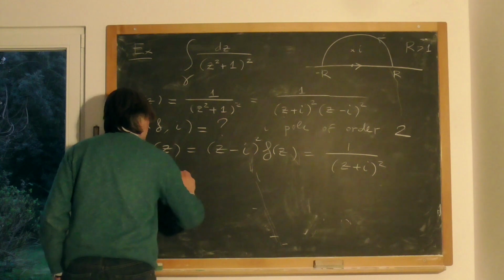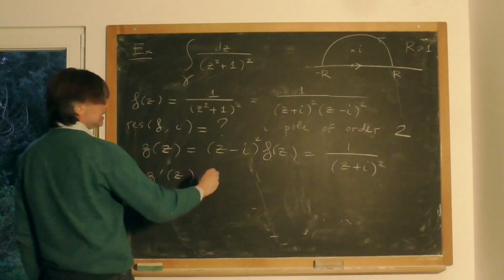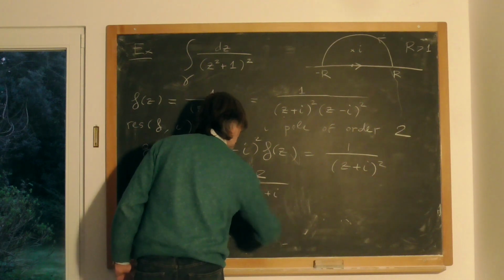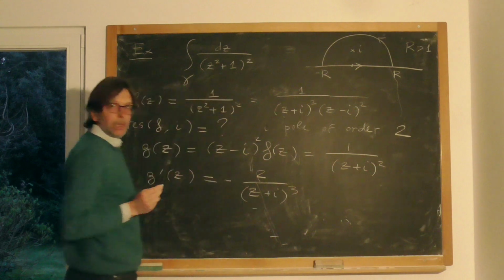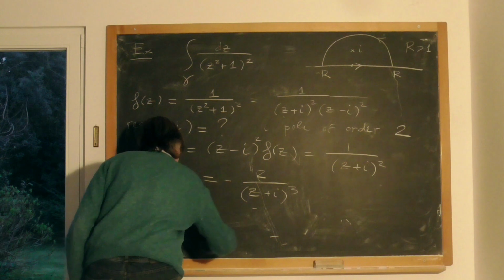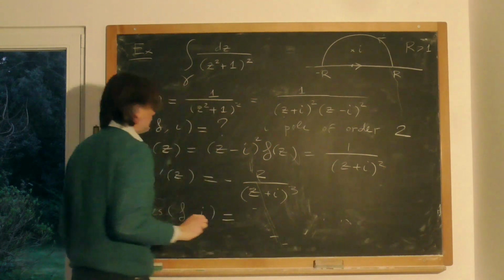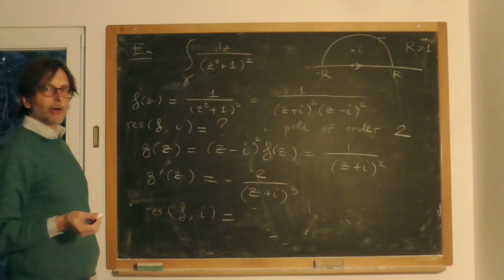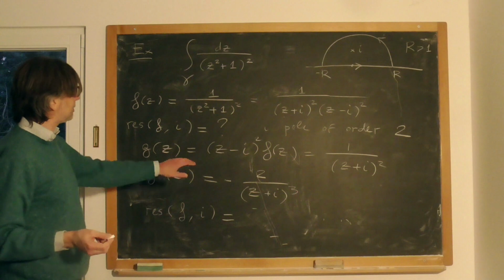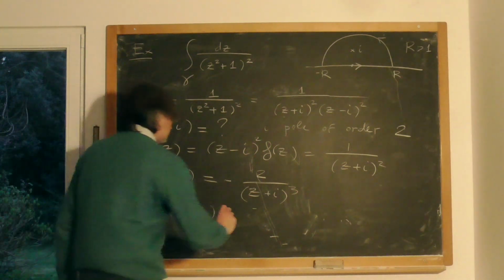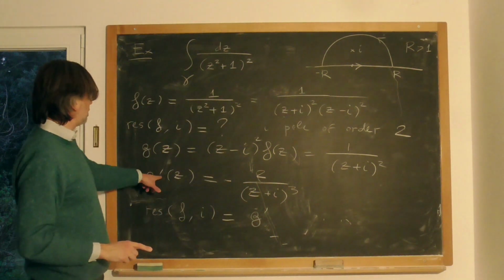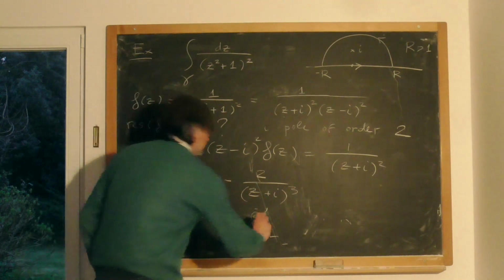What is the first derivative? The first derivative of this is minus 2 divided by z plus i to the power 3, and then the residue of f at i will be, according to the formula, k minus 1 factorial, but k is 2, so k minus 1 is 1, 1 factorial is 1, don't write it, times the first derivative of g at the point i.